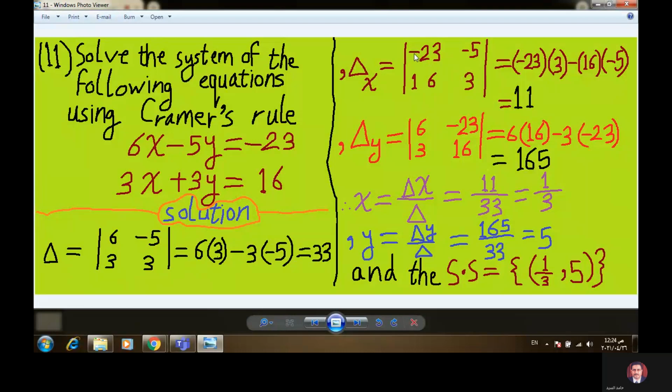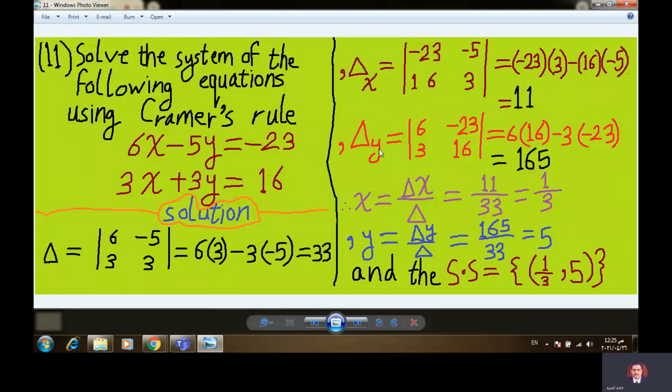Notice that negative 23 and 16 are the constants in the first column. Notice that the second column consists of the coefficients of y. Expand this by using the rules. We obtain the value of this determinant equal to negative 23 times 3 minus 16 times negative 5. This equals 11.